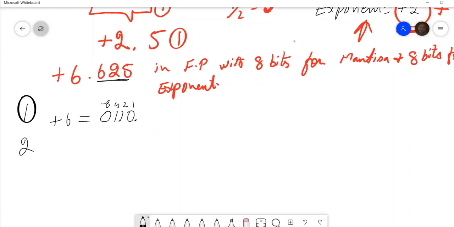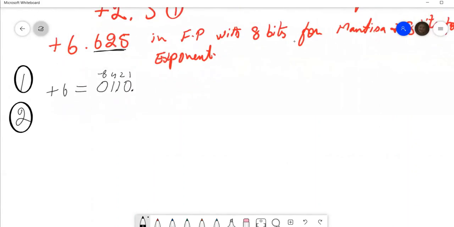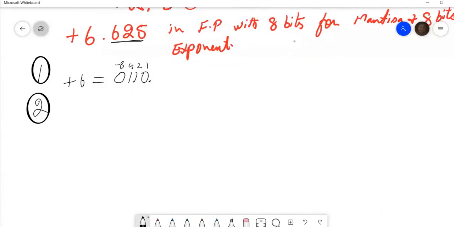Second step is how to convert 0.625 into a binary fraction. So very easy. You put 0.625 here, then multiply this with 2. 2 multiplied by 0.625 gives us 1.250.